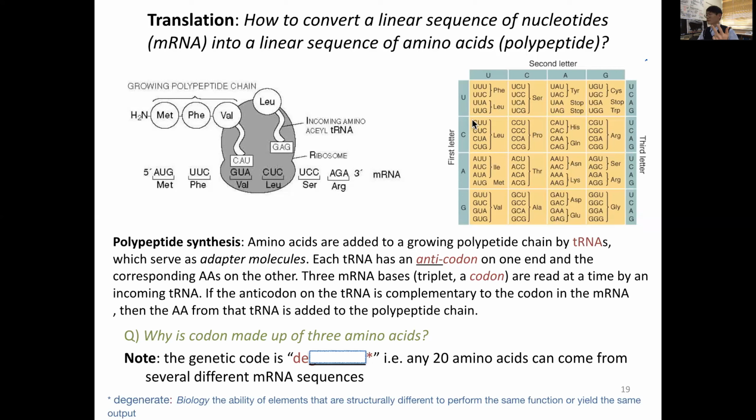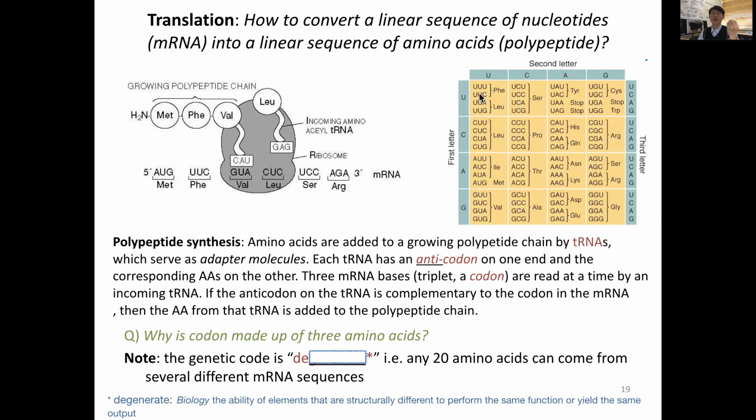The first letter can be any of these, the second letter can also be UCAG, and the third letter is UCAG. Then how many 3-letter sequences can this create? 4 times 4 times 4, which is 4 to the 3, or 64.